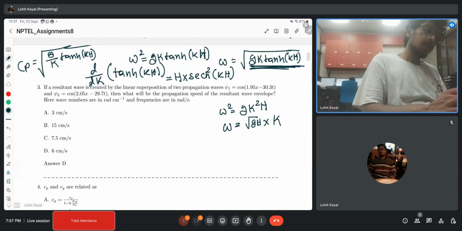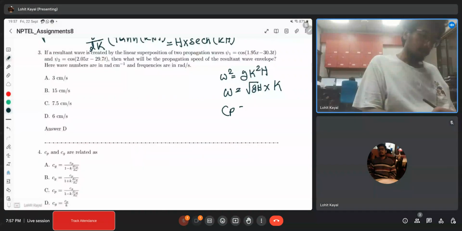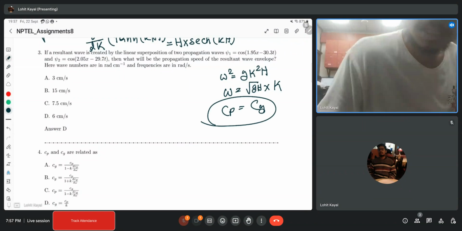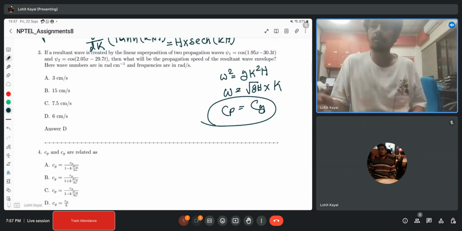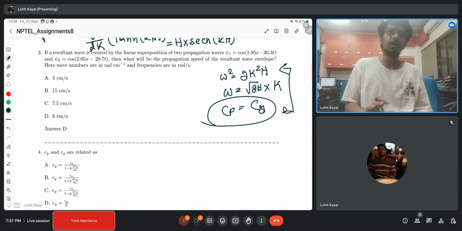Now for the non-dispersive case, there is one property that Cp will be equal to Cg, because without dispersion, all wave packets will move at the same speed. This is the whole idea of non-dispersive waves. So for the shallow water limit, we can prove that it is non-dispersive and Cg will be exactly equal to Cp.